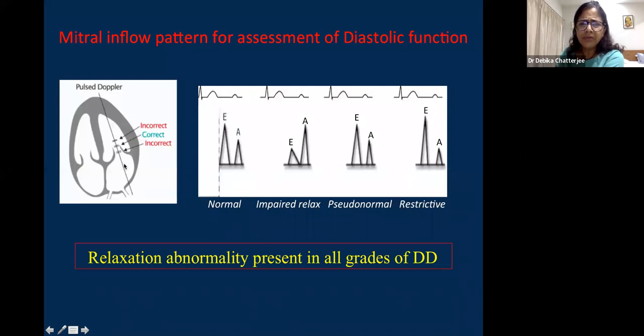The pressure difference between LA and LV is very high, so that gives rise to a very tall E wave. But we know that LV compliance is low in this stage. So what will happen? There will be quick equalization of the pressure between LA and LV. So that will result in quick deceleration of the blood.